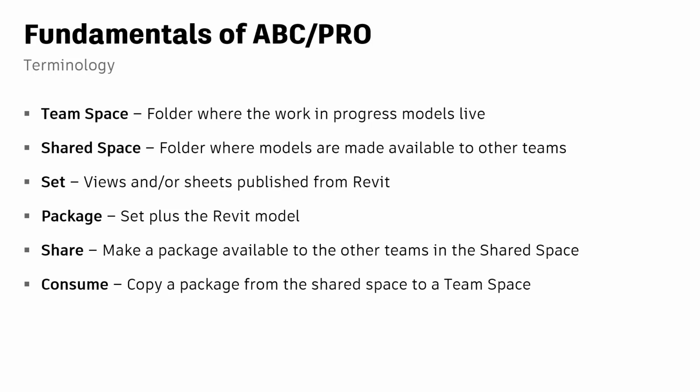A package is a set plus the Revit model that can be shared with different other teams and or disciplines. Sharing is making a package available to the other teams, of course, and consuming is copying the package into the team's own shared space, so shared folder, the team's folder.